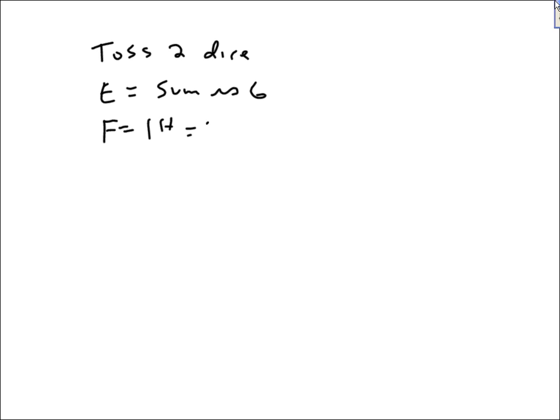Let's look at a very similar problem. Toss 2 dice. E is the event that the sum is 6. And F is the event that the first roll or toss of the die is 3.